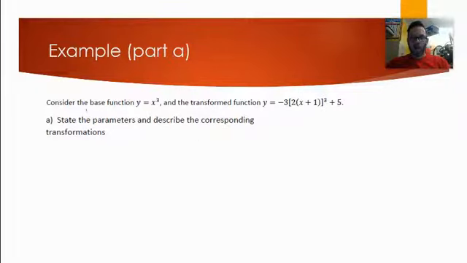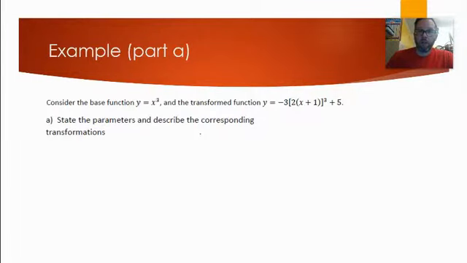All right, so in this example, we're going to sketch a transformation of the base cubic function y equals x cubed. We're going to describe all the different transformations that are being indicated in this equation, and we're going to sketch it. There are many ways to go about this.